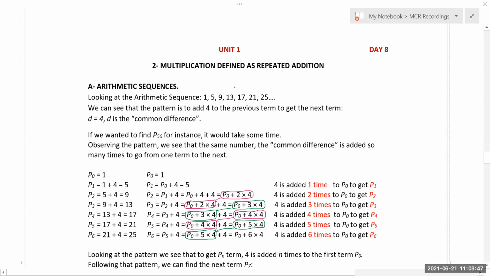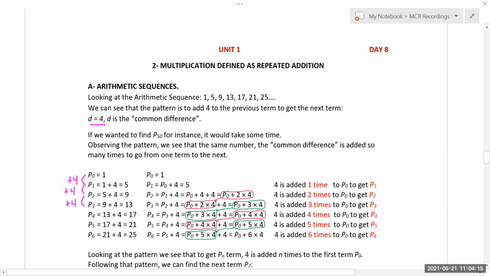And we're back in the arithmetic. So we determined D was 4. So for P0, it was 1. For P1, it was 1 plus 4, which is 5. For P2, it was 5 plus 4 is 9, or it was the original plus 4 twice, which is 2 times 4. So I'm adding 4, I'm adding 4, I'm adding 4.